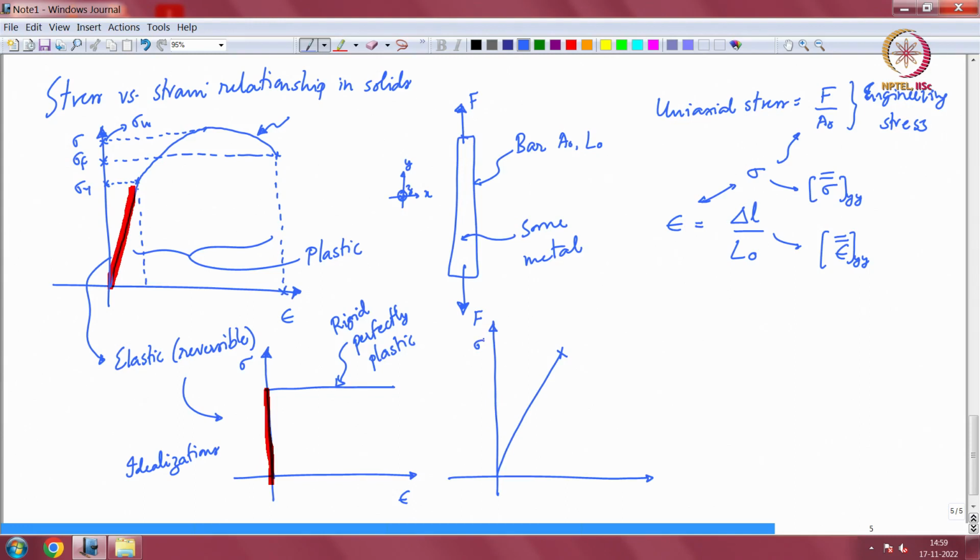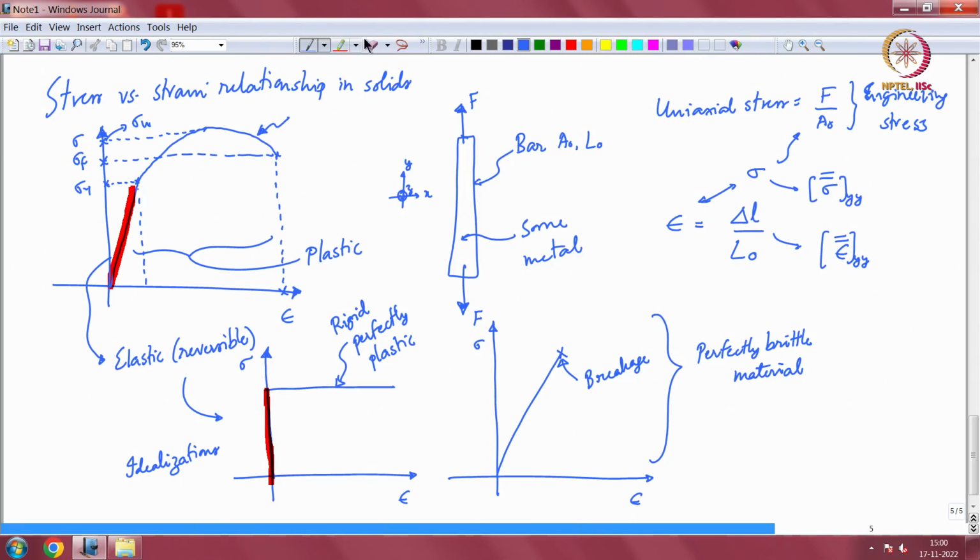So, this is your sigma, this is your epsilon, this is the point at which breakage occurs. This is called a perfectly brittle material. So, it does not show any plastic deformation, it is completely elastic and it just breaks.